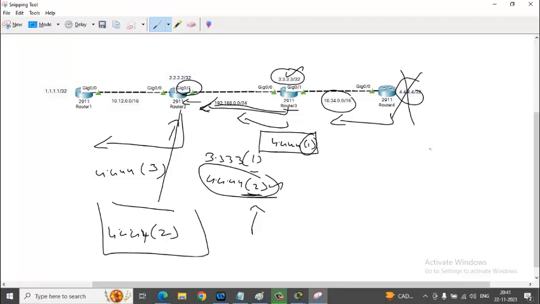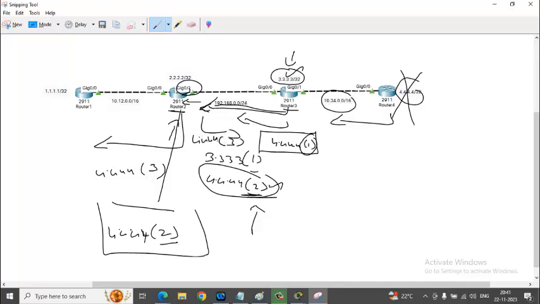Now, what is route poisoning? When router 3 received about 4.4.4.4, what is the hop count? 1.